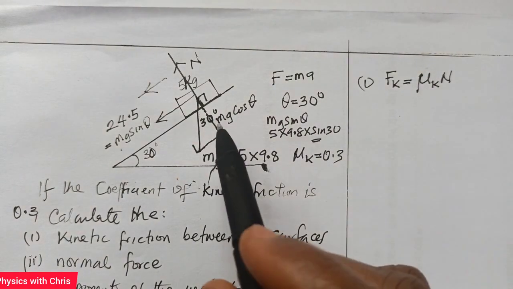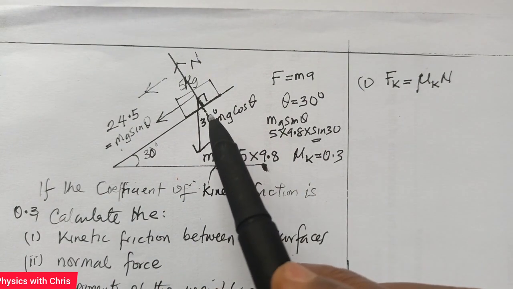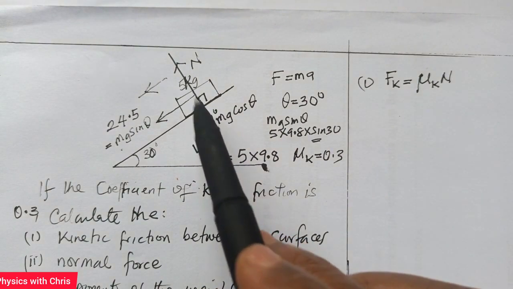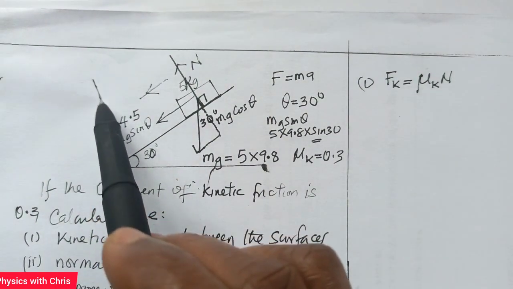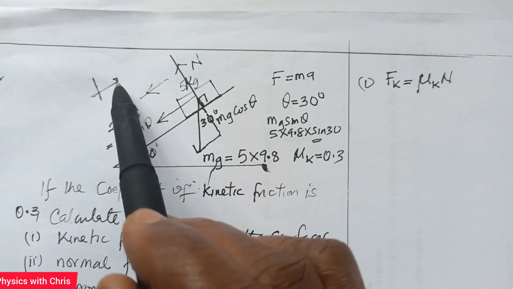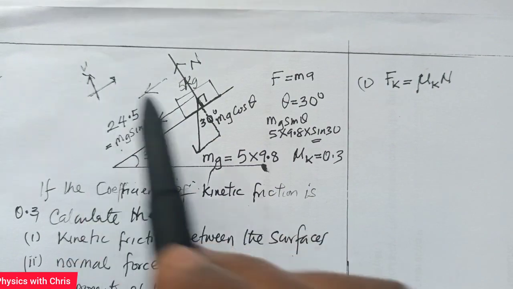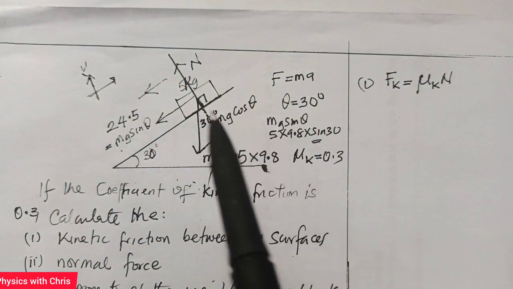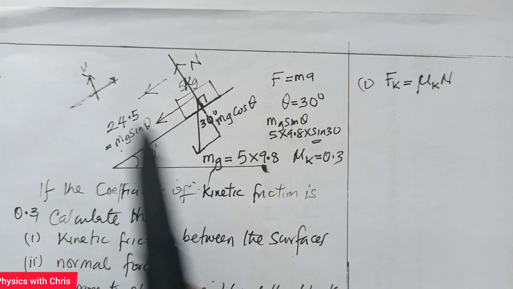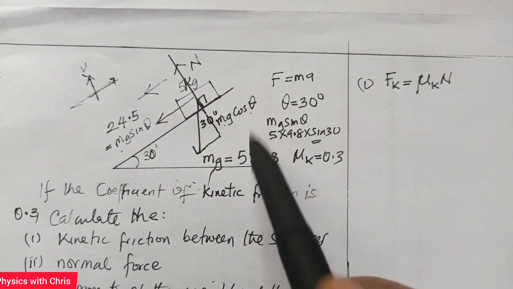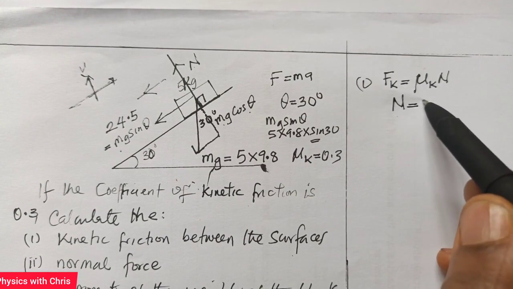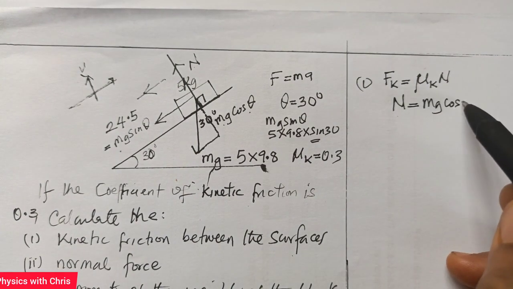And if I come back to this diagram, I notice that there's no motion in the direction of the normal reaction. That is, if I decide to draw my coordinate axis, along the direction y, this object does not accelerate. The only direction of motion is along the x-axis. So my normal force is equal to mg cos theta.